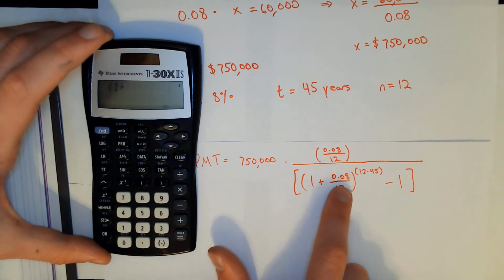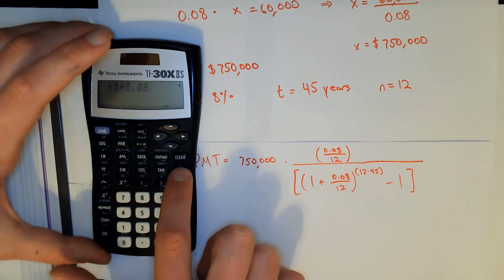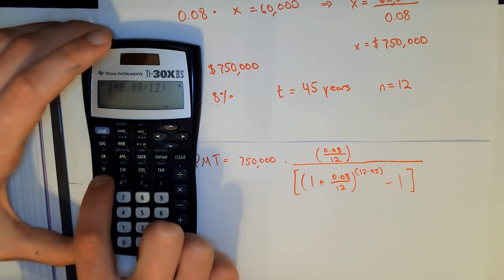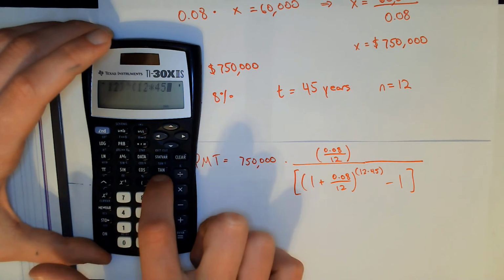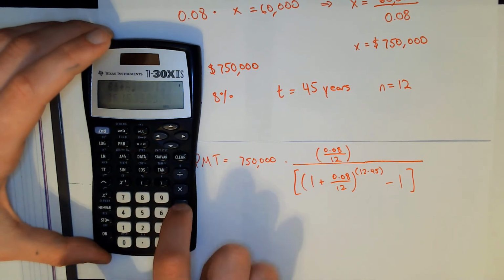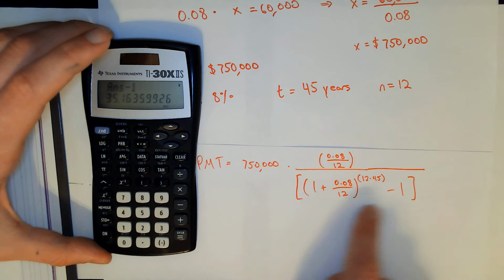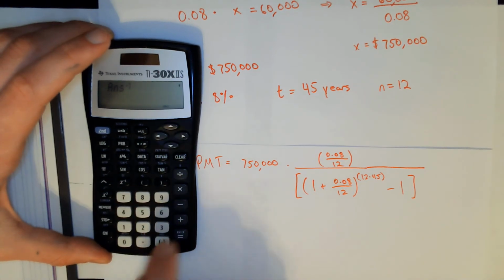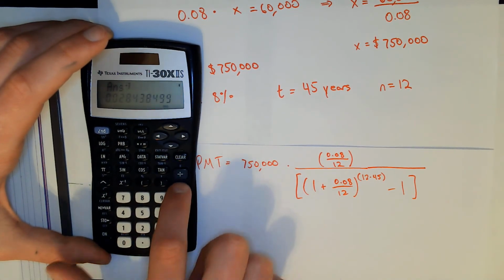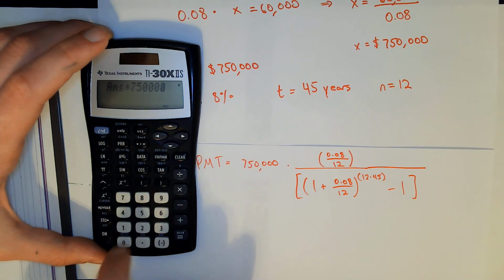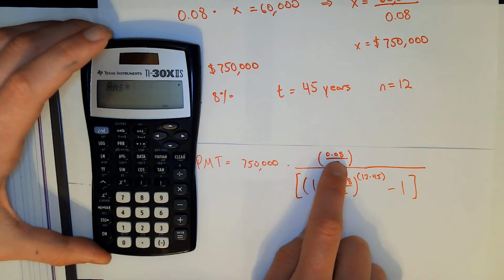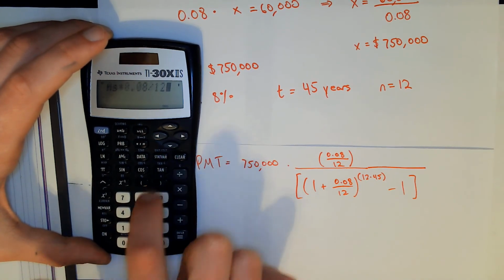One plus 0.08 divided by 12 raised to the 12 times 45, then minus 1. Now I invert this whole thing, right? Invert. Okay. Now I'm going to multiply by 750,000 and then finally multiply by this fraction.